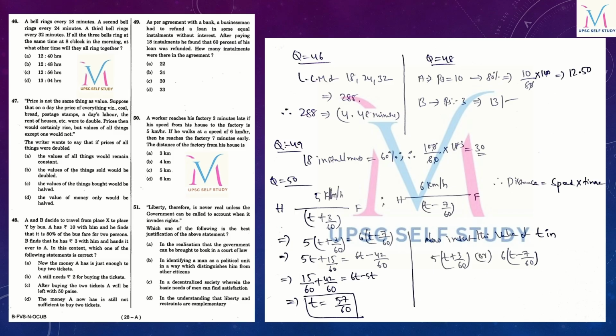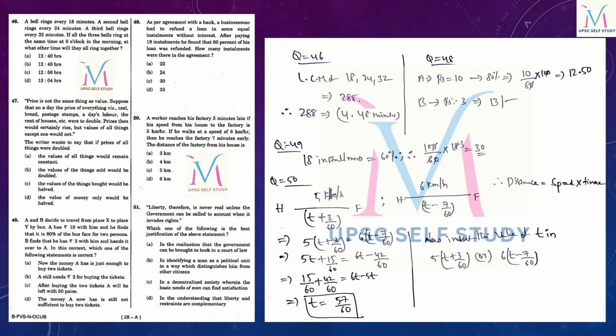Since we don't know the actual time, that indicates t. So since he is coming 3 minutes late, extra late, that means 3 minutes should be added, and that 60 indicates kilometers per hour.